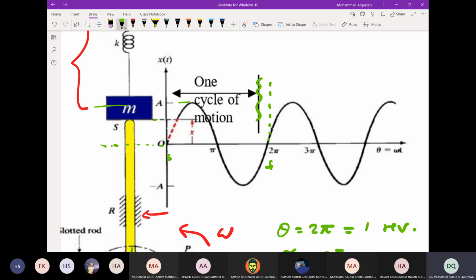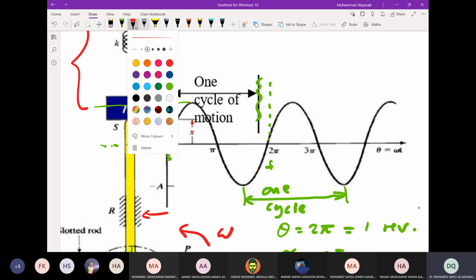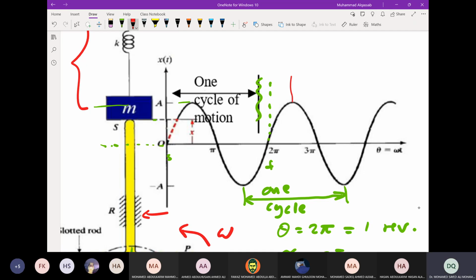So the cycle can also be said from the peak at the negative to the peak at the negative. Or any points, the point and the corresponding point, or the maximum. The maximum point here and the maximum point here is also one cycle.